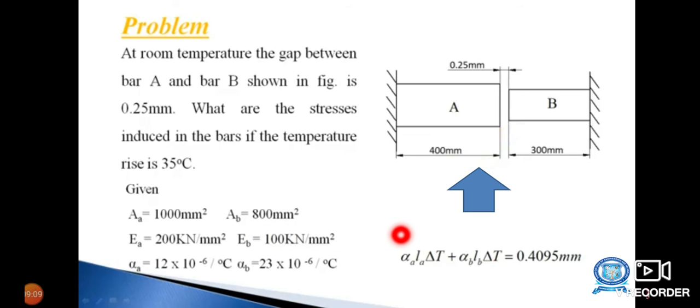Then alpha A LA delta T plus alpha B LB delta T is equal to 0.4095 mm.